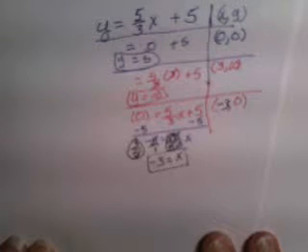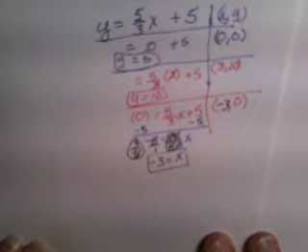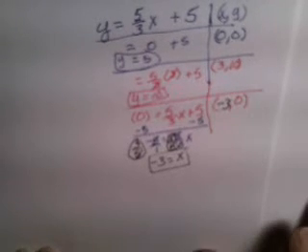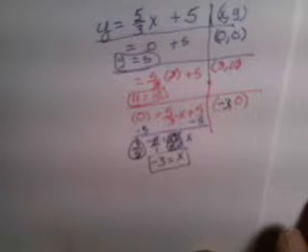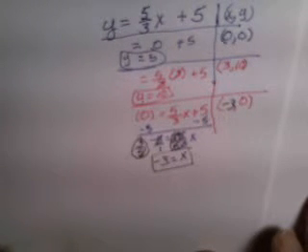Okay, we have 3 ordered pairs, and we can plot those points and graph the equation. Or we can plot the intercepts. When we're talking about intercepts, we're talking about the points where the line or the graph of the equation hits the x-axis and the y-axis.